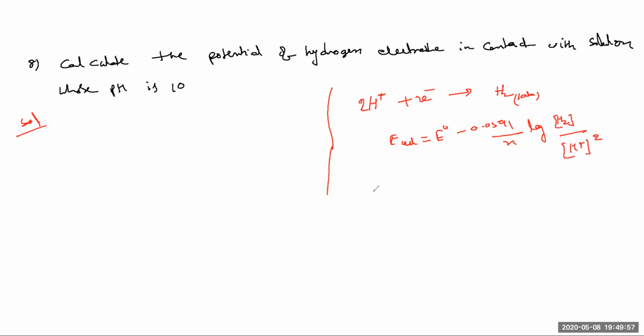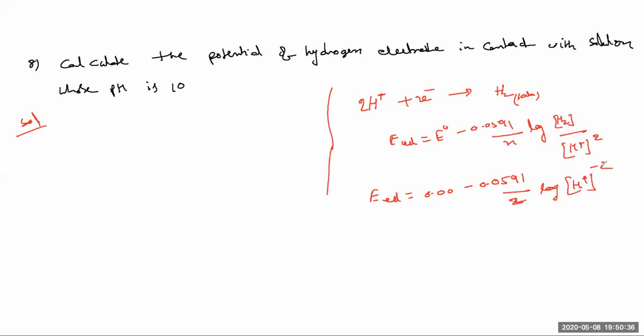Try to understand now. E cell is equal to hydrogen electrode potential, the standard hydrogen electrode potential is 0 only. Here 1 by H plus ion whole square, but bring it up, it is log of H plus ion whole power minus 2.